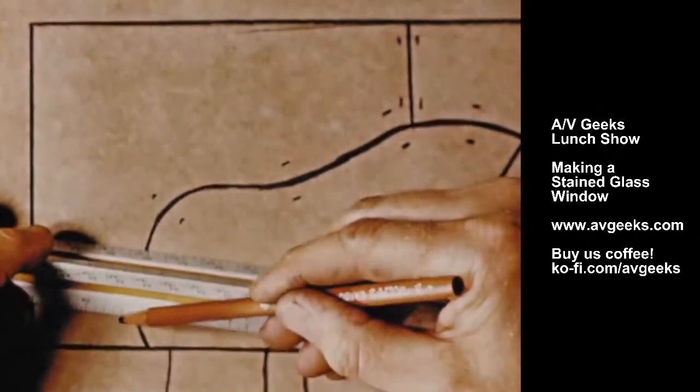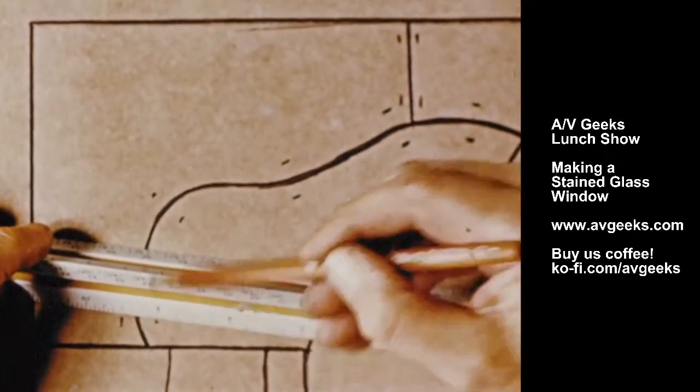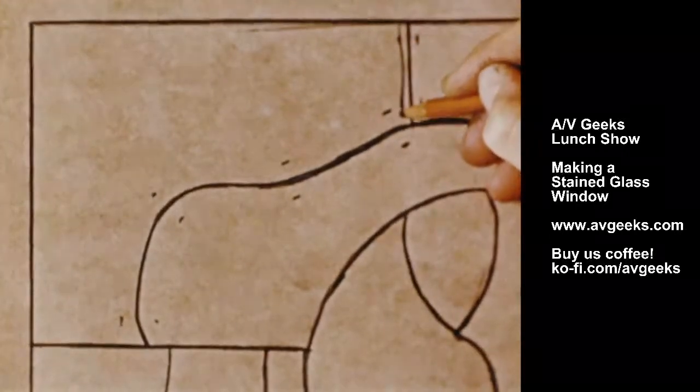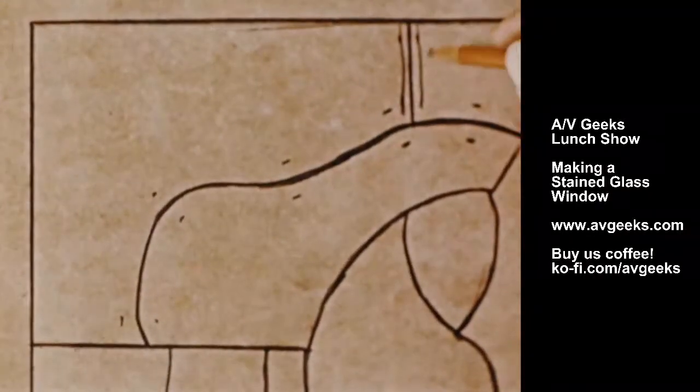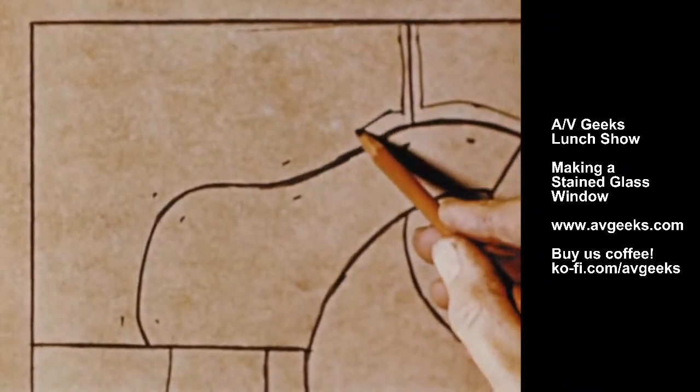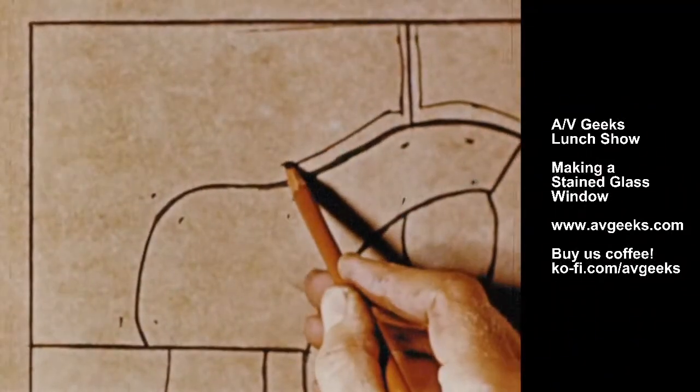The cartoon is used as a pattern in assembling the separate pieces of glass and in leading the window. Lead lines are therefore drawn parallel with each form in the design, the lines being spaced according to the desired width of the lead.